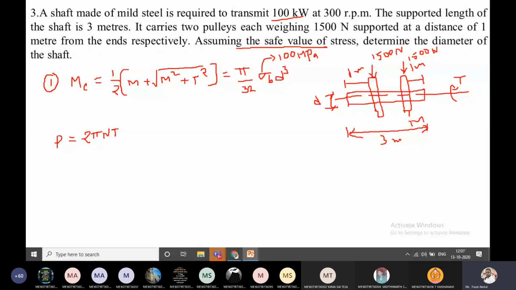So T equals 100 kilowatts, that is 100 into 10 cube, into 60, divided by 2 pi N, where N is given as 300 rpm.